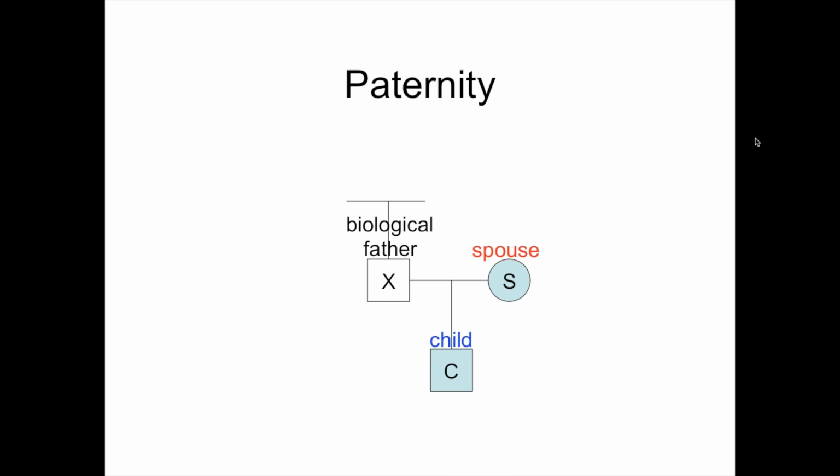Next, I'd like to talk about paternity, which follows these general principles. Here, the task is to determine the genotype of an unknown biological father, indicated by the variable X, given that we know the spouse information, S in red, and the child's genotype, shown as C in the square box.